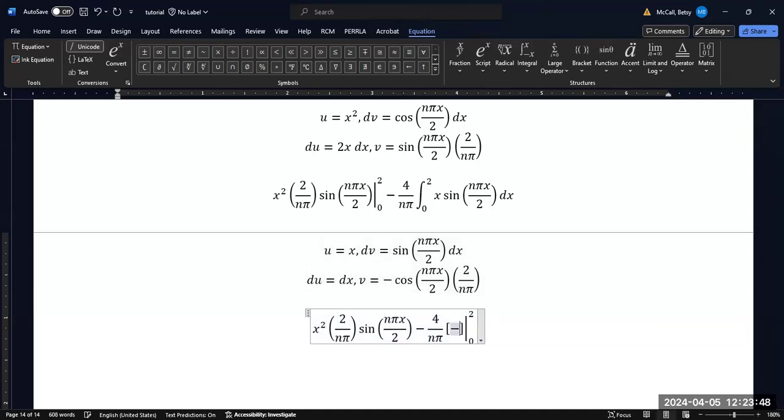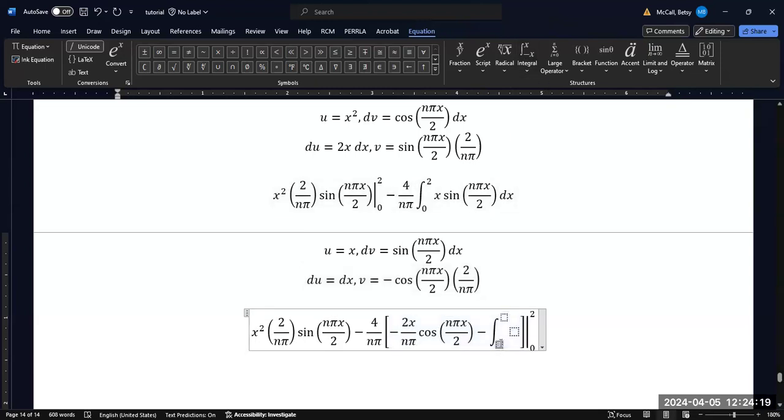So that'll be negative 2x over n pi times cosine n pi x over 2, and then minus, from zero to 2.